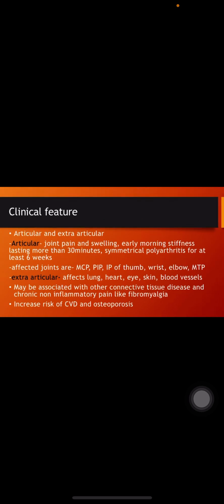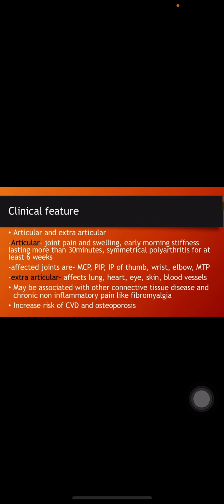Okay, clinical features for rheumatoid arthritis, we have two types, articular and extra-articular. Articular, where the patient comes with joint pain and swelling, early morning stiffness lasting more than 30 minutes, symmetrical polyarthritis for at least 6 weeks, and then the affected joints, like what I said just now. Extra-articular, it can affect the lung, the heart, the eye, the skin, and the blood vessels.